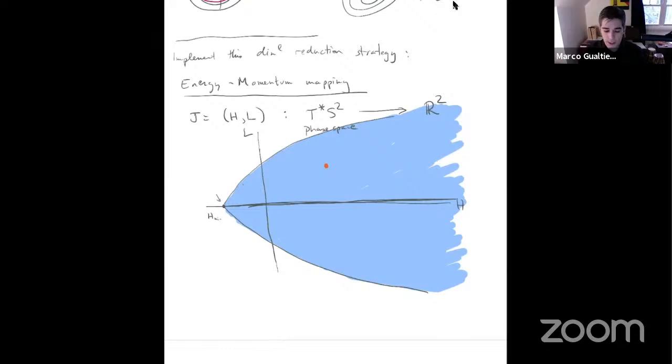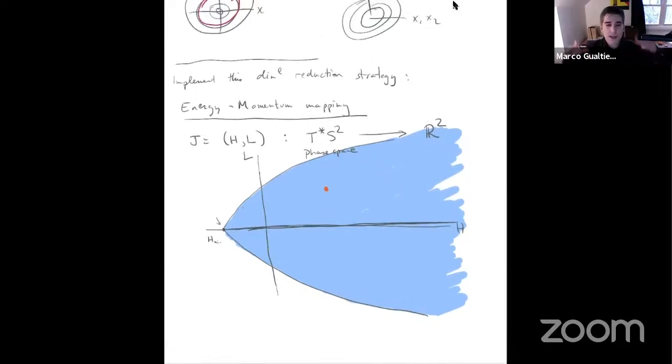And so the way you should think is that the 4-dimensional phase space is being mapped to this blue region. Okay, but there are many points that are being mapped to this single orange point. All those points that are being mapped are called the fiber, or the pre-image, inverse image.